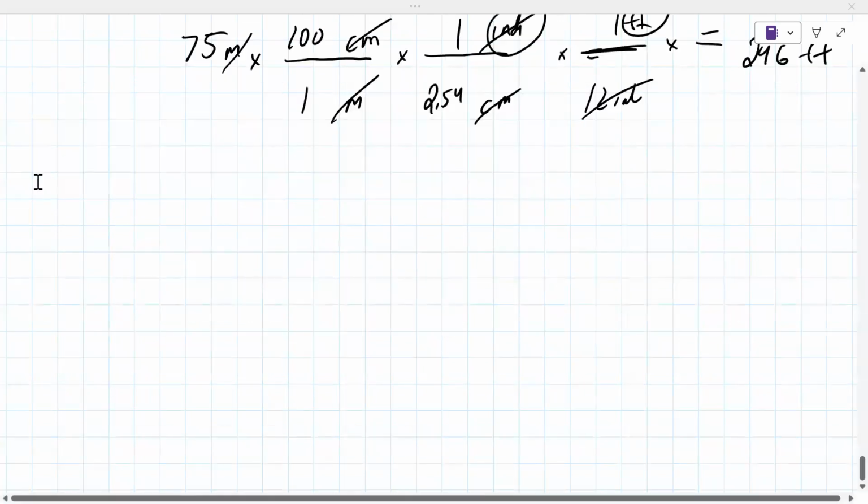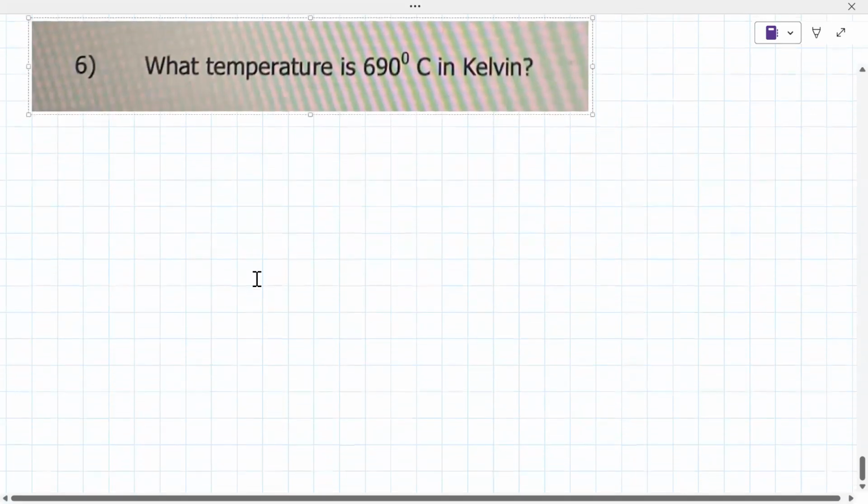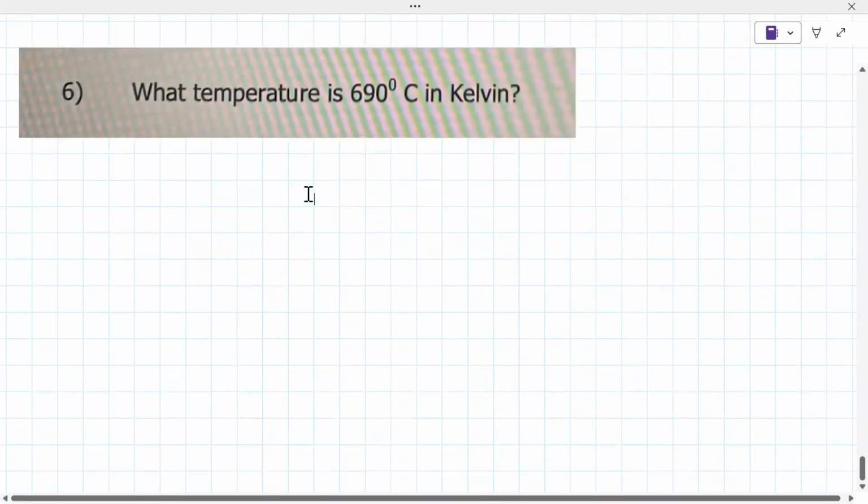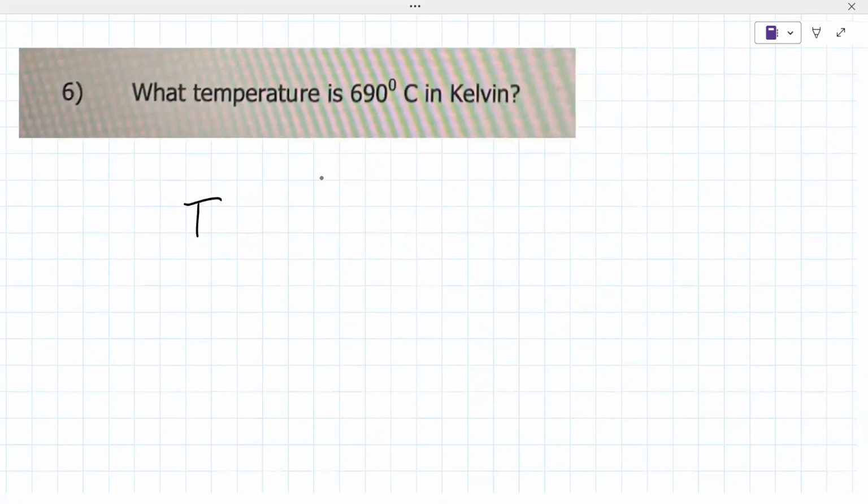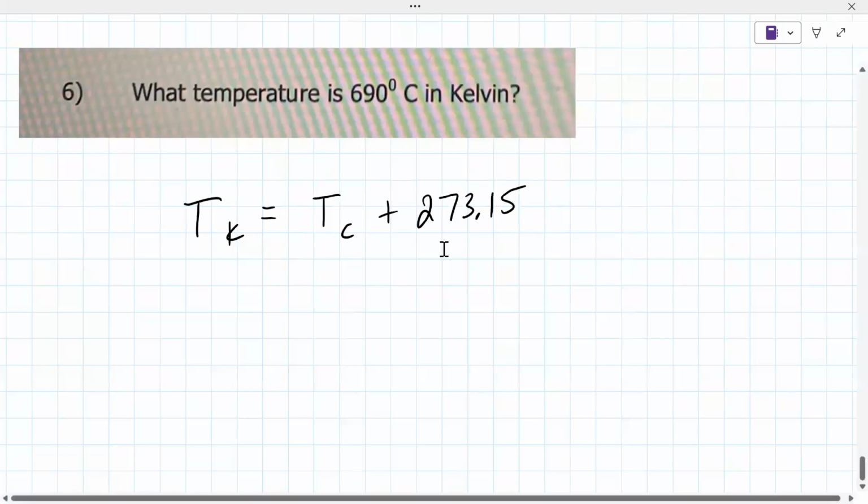All right, number 6. What temperature is 690 degrees C? So temperature in Kelvin is the temperature in Celsius plus 273.15. Some books don't have the 0.15.